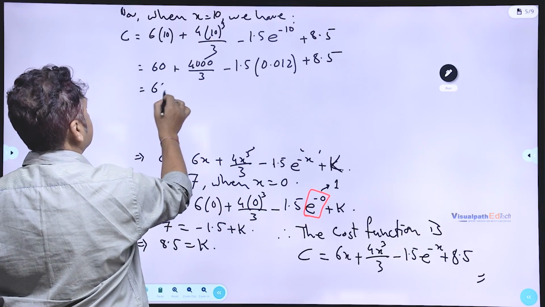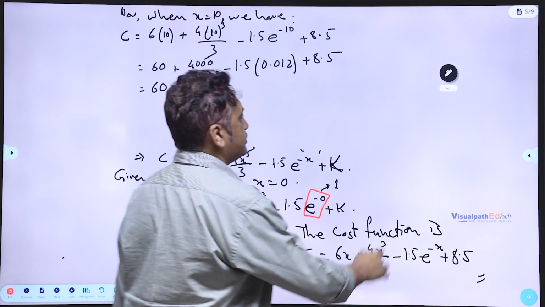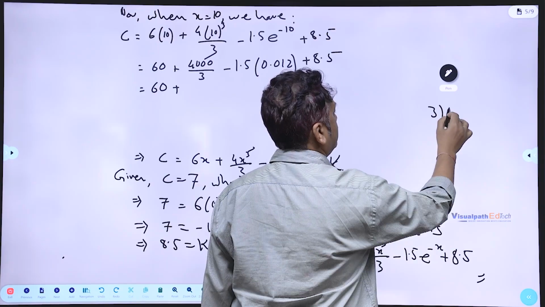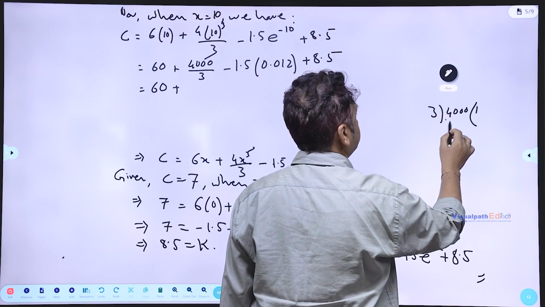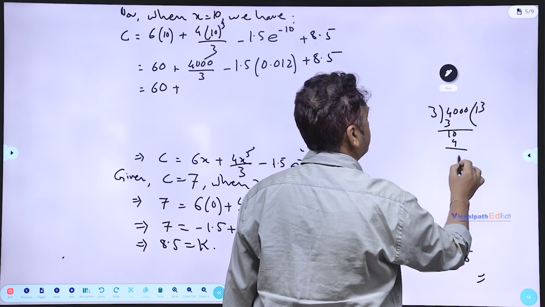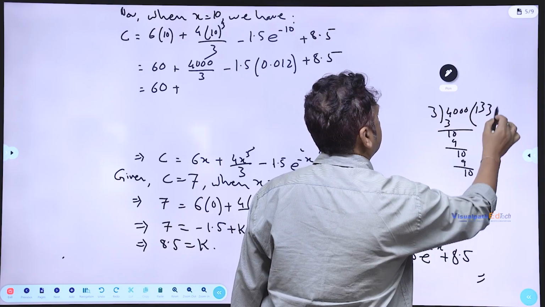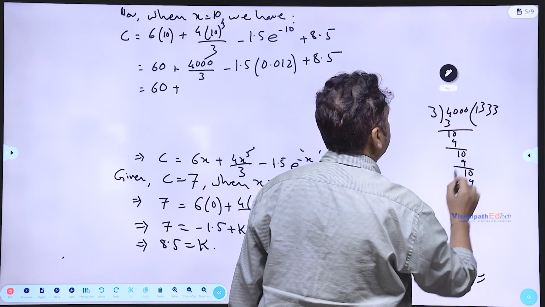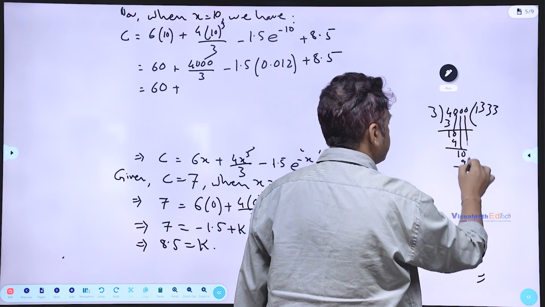Let's keep 60 as it is. And then we have to divide this 4,000 divided by 3. If we quickly do our division, 3 ones are 3, 3 threes are 9.